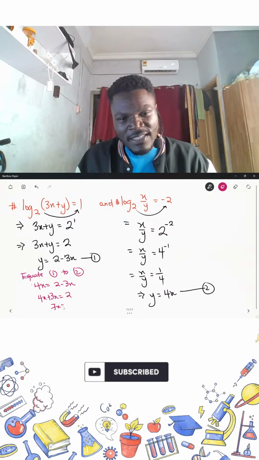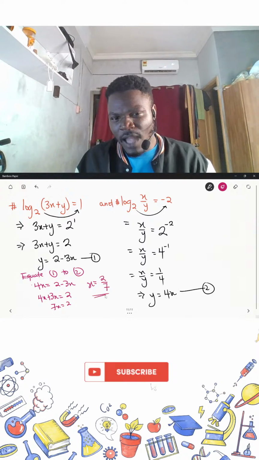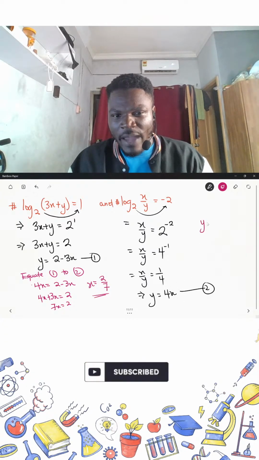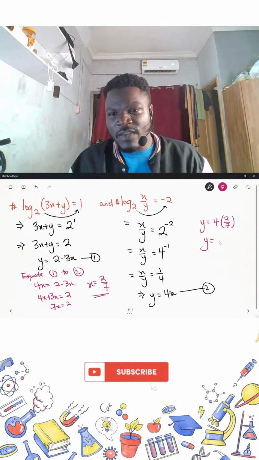So 7x is equal to 2. Therefore, my x is equal to 2 over 7. Now that I have my value for x, if I substitute it into equation 2, y will be equal to 4 multiplied by 2 over 7, and this will give me 8 over 7.